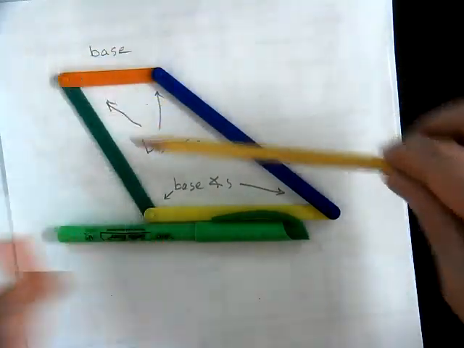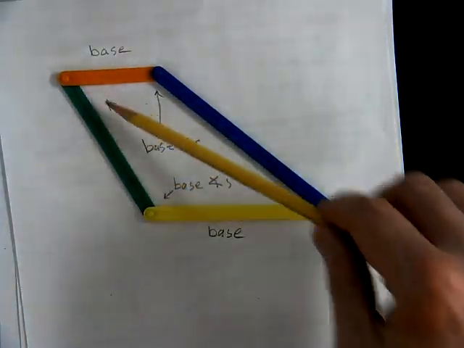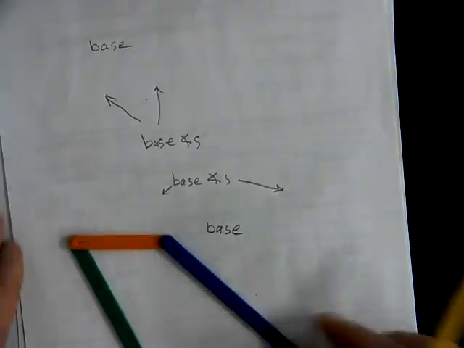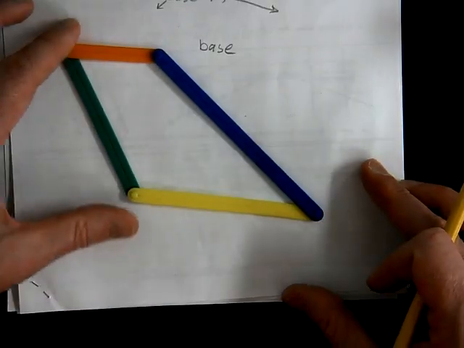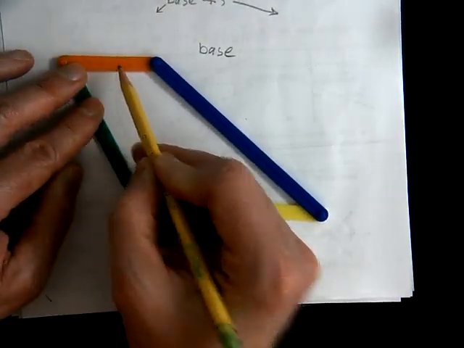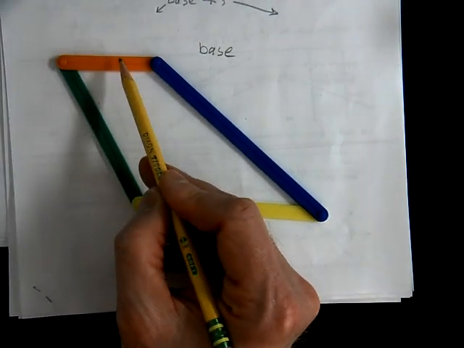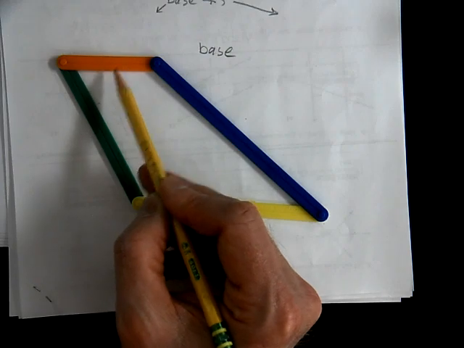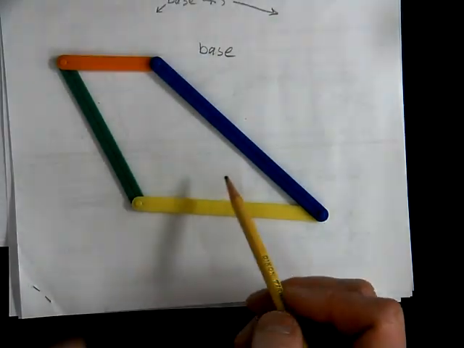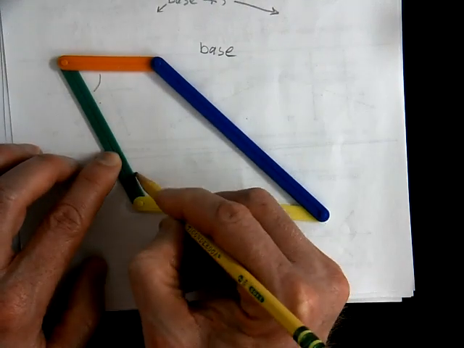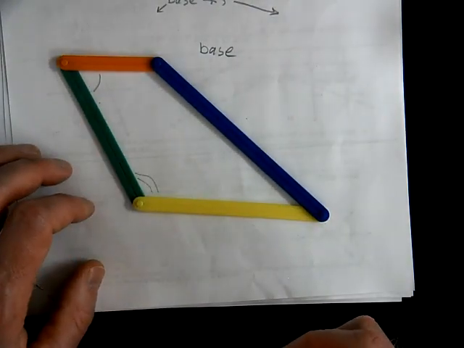So your consecutive interior would be right there. These are supplementary. So if you were to come down here, you'd have parallel. What we typically do for parallel is to draw an arrow. Can't really draw an arrow on this one, but these are going to add up to 180 degrees.